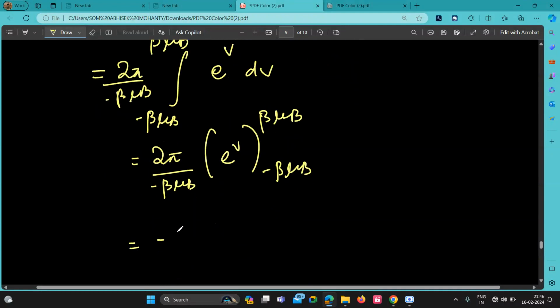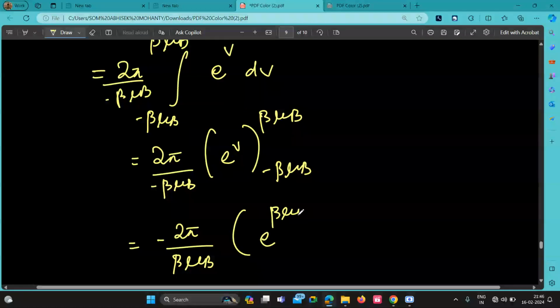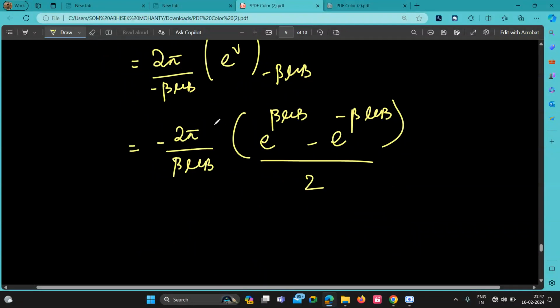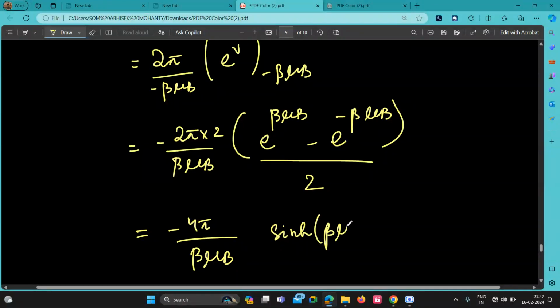So minus 2 pi by beta mu b, e to the power beta mu b minus e to the power minus beta mu b. Okay, so this is the form. If I multiply and divide, this is actually sine hyperbolic x, minus 4 pi by beta mu b sine hyperbolic beta mu b.